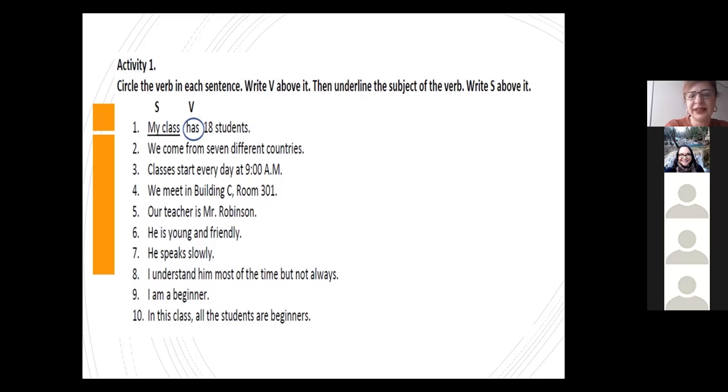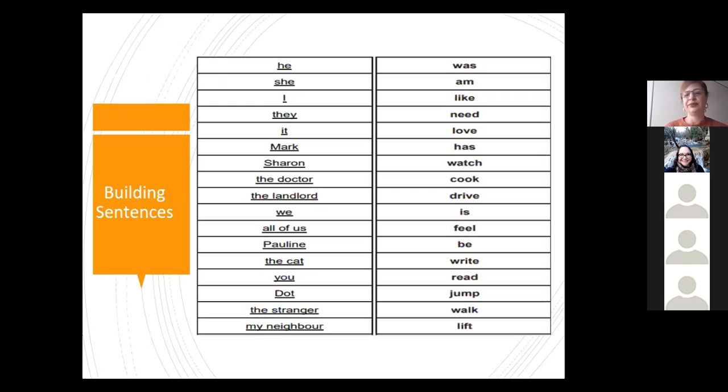So students in this exercise identify certain parts of the sentence and functions of certain bits like subject and the verb. Another exercise that we can try in the classroom is something very simple. You see two columns. You can have cut-ups in the classroom.